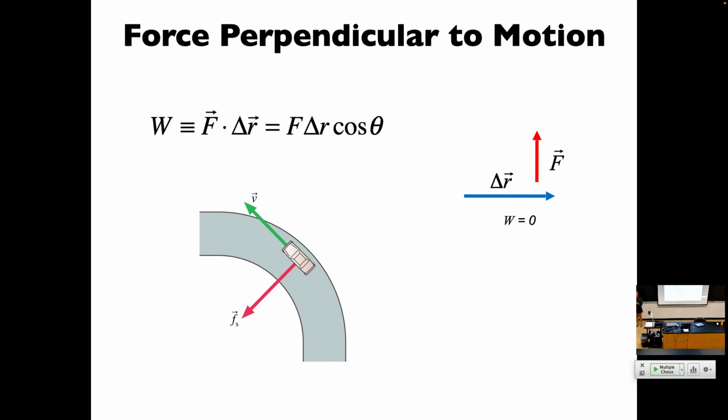How much work did I do on this box? None, right? Because all of the forces are in the y direction, but I've moved it laterally. So if I move it in x, but the forces are in y, there's no work done, at least not from gravity.